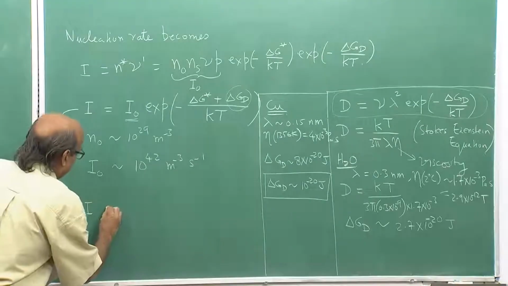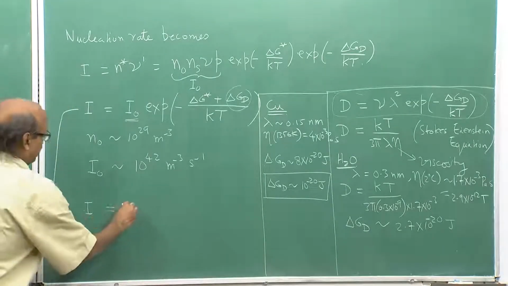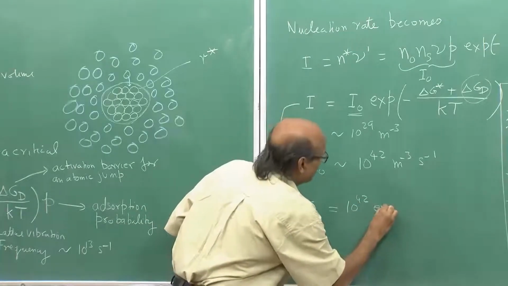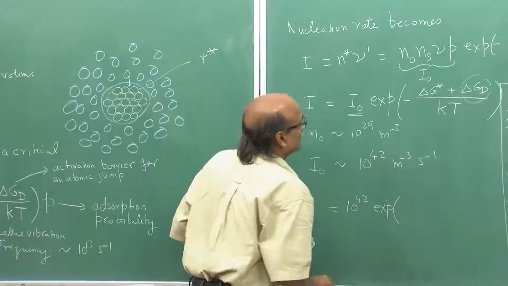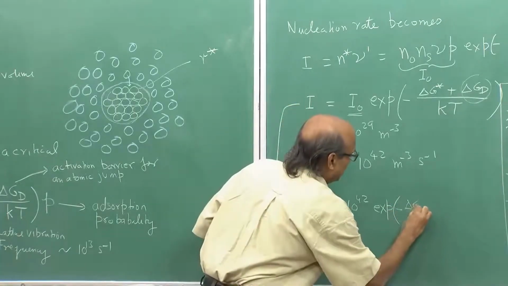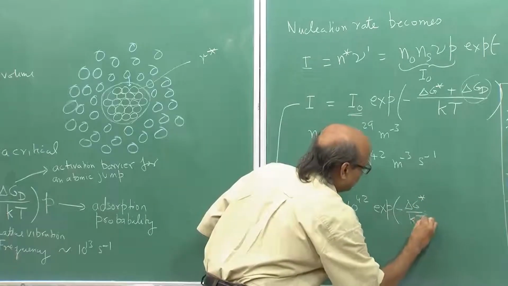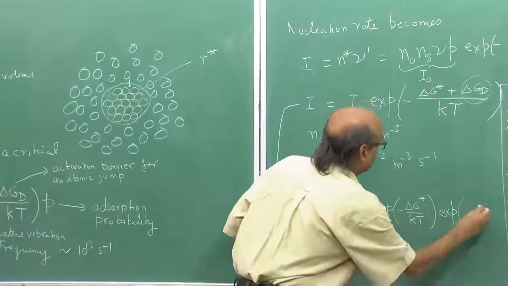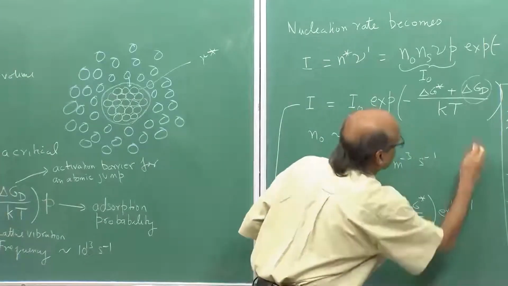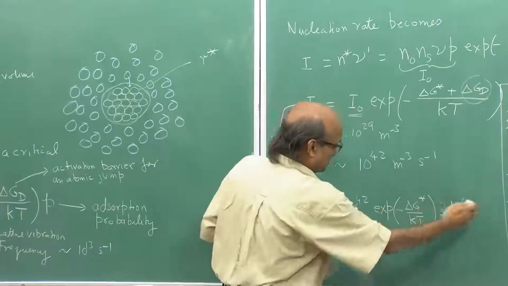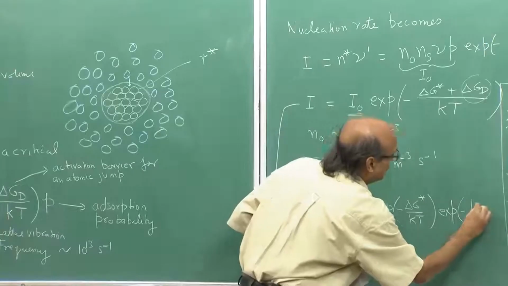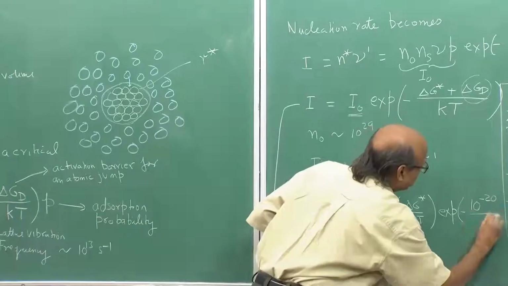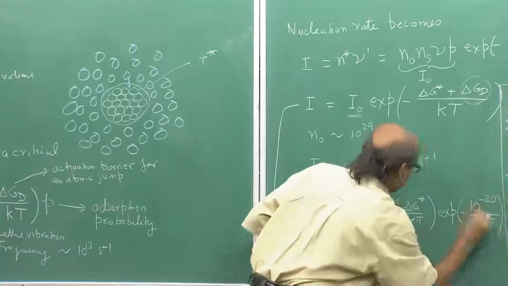The rate of nucleation per unit volume per second can be taken as 10 to power 42 exponential minus delta G star upon kT, multiplied by exponential minus, instead of delta GD, I just split this again, and instead of writing delta GD, I can write this as 10 to power minus 20 from this estimate, upon kT.